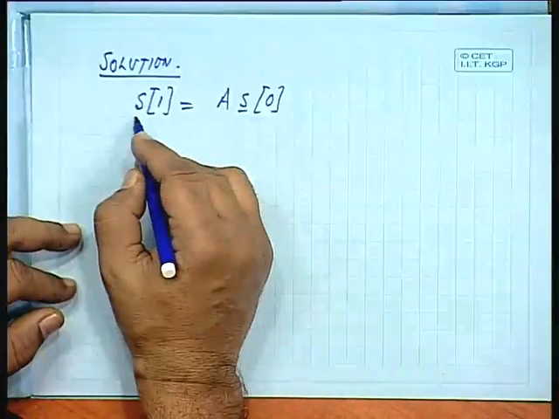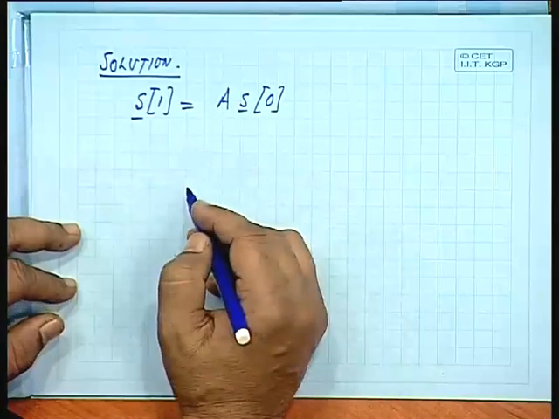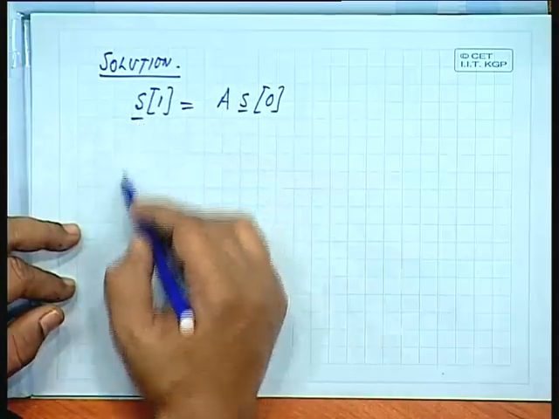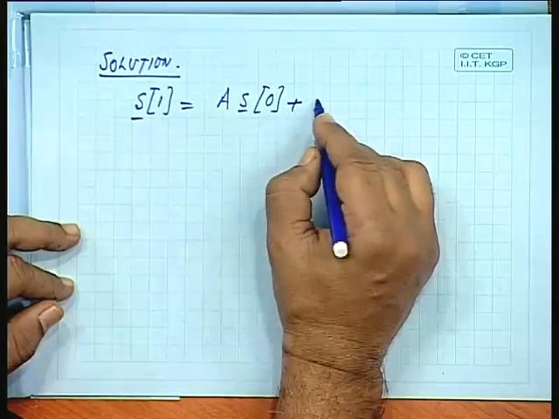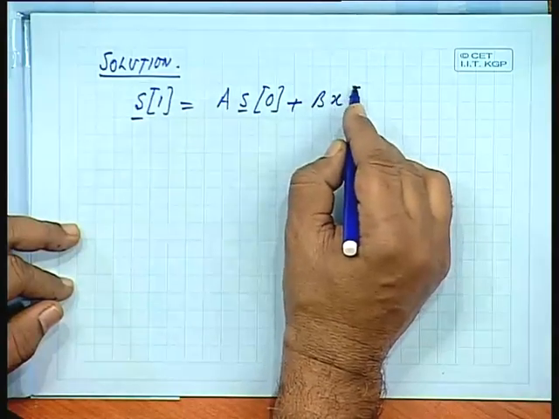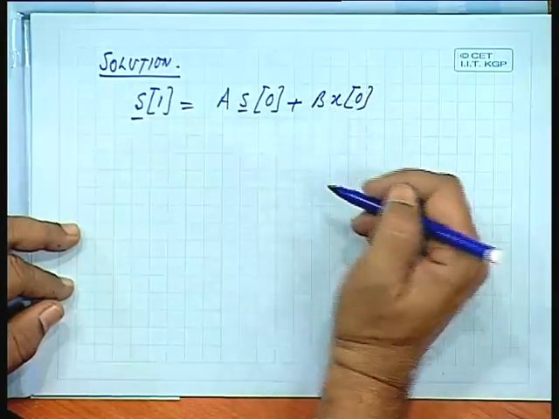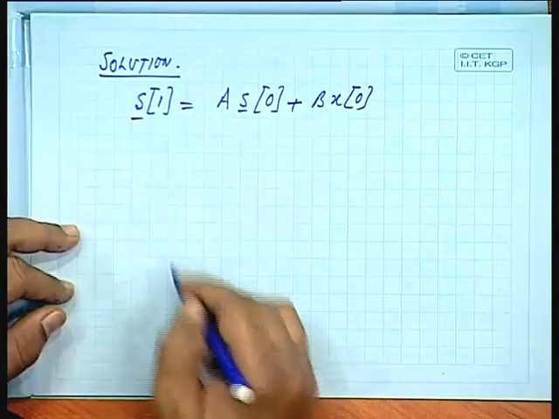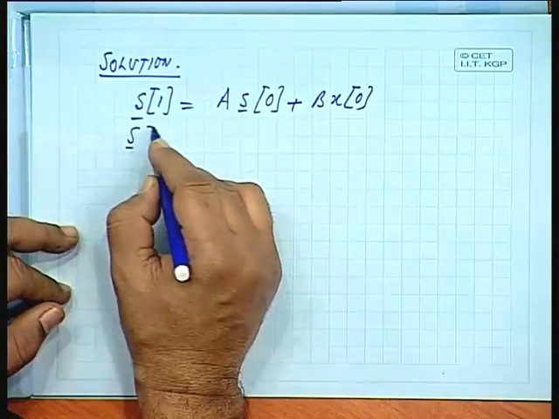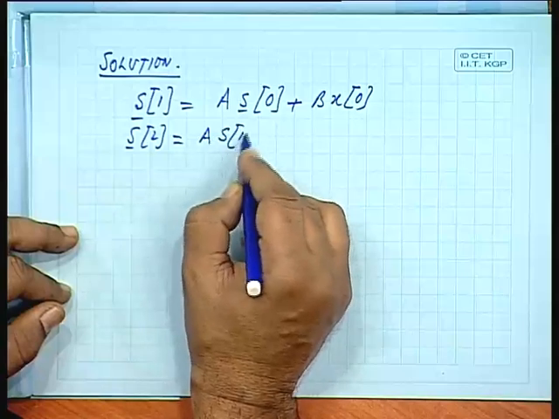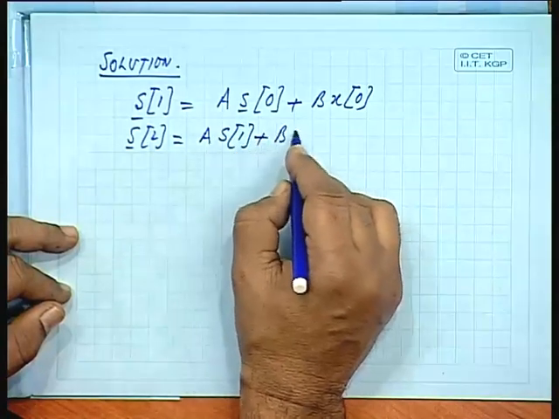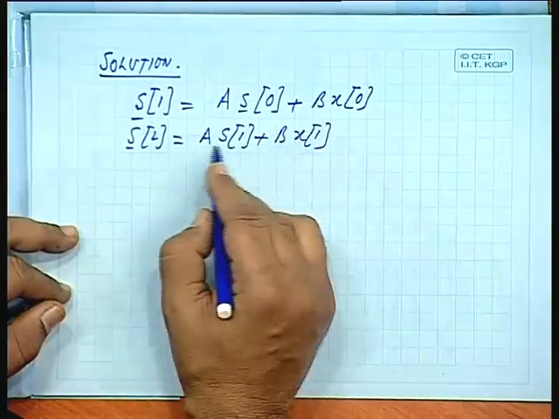So, under some choice, suppose we have selected the states, S1 I can write as A into S naught plus B into x naught. S2 will be A into S1 plus B into X1, and S1 is this much.